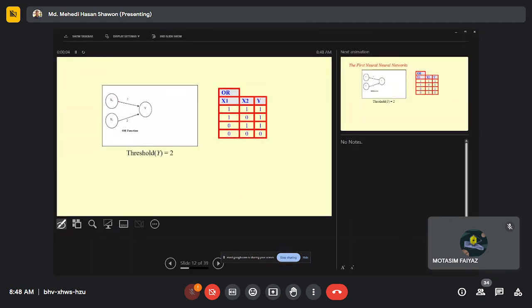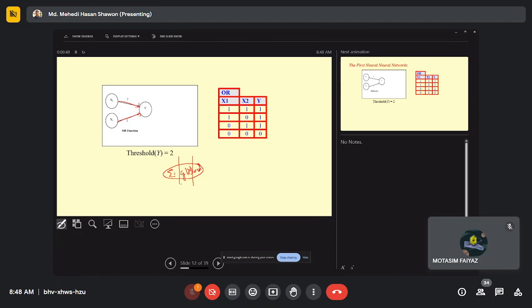So I'm telling you that the weight of this connection is 2, and the weight of this connection is 2, right? You have to sum the inputs in the neuron. The neuron has three parts. I'll show this a bit later. At first, you sum whatever inputs you're getting. Then you apply the activation function. Then the output, whether it will ignite or not, whether it will give you 1 or 0.